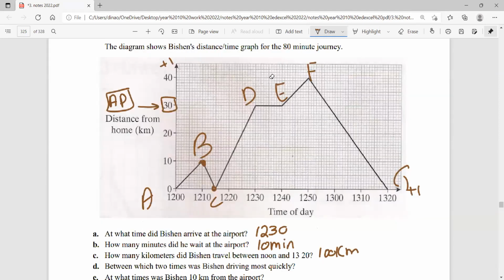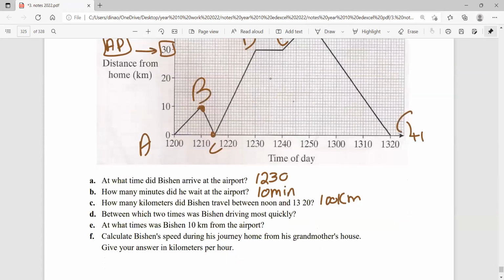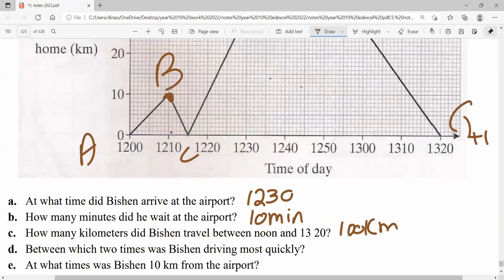Now let's see, 12 and how many minutes? 1, 2, 3, 4, 5. So between 12:10 and 12:15 he was driving the most quickly, when he was going back to get the mobile.